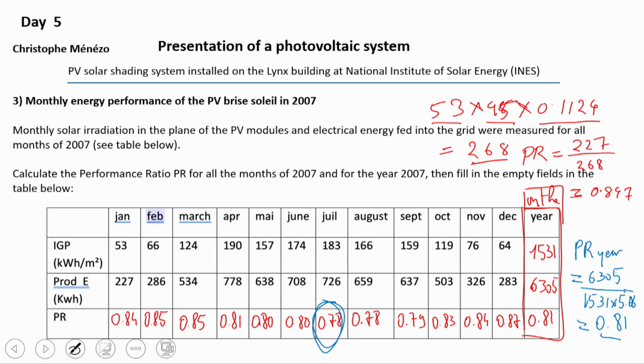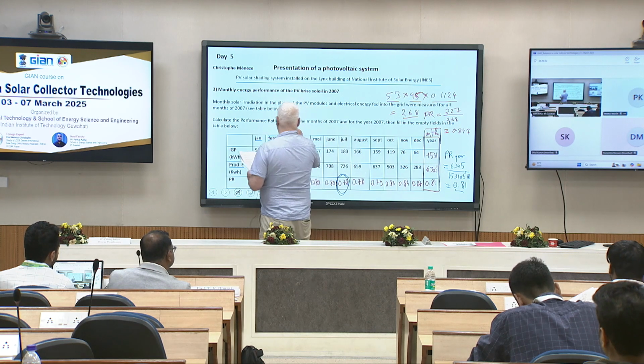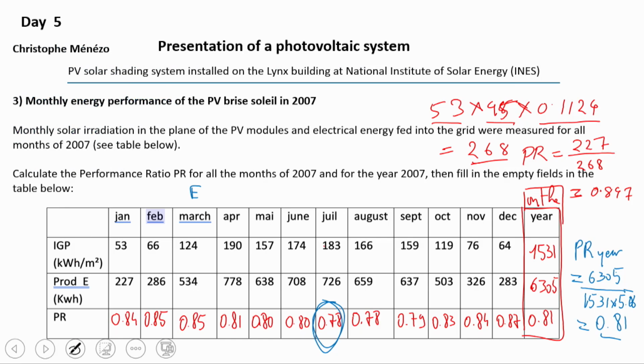Global electrical production. Electrical annual production. Energy for a year is equal to 6,305 kilowatt hour. Okay, it is that.